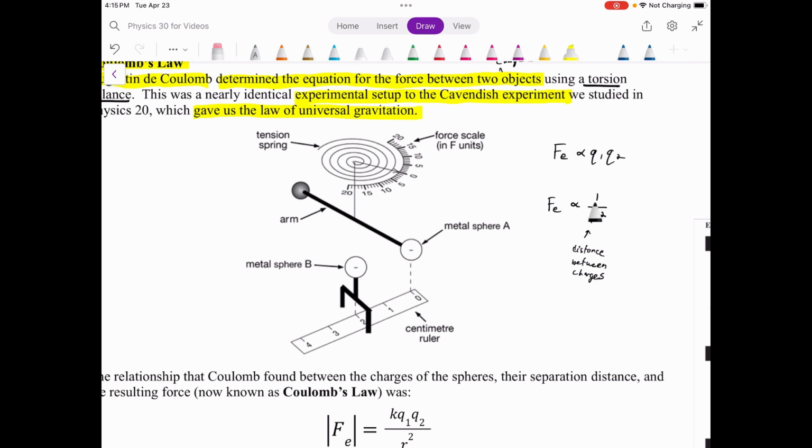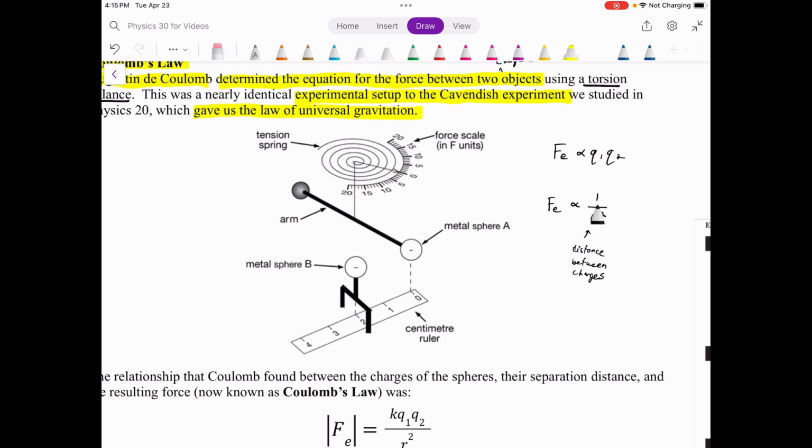Again, inversely proportional means when one gets larger, the other one gets smaller, right? And that's how we can represent that. Fe isn't proportional to r squared, it's proportional to 1 over r squared. So you can see from this, it suggests that as r gets bigger, the electric force gets smaller, right? We're dividing by a bigger number, we're going to get a smaller answer. And vice versa. If this gets smaller, the force gets bigger. Dividing by a smaller number gives us a bigger answer, okay?